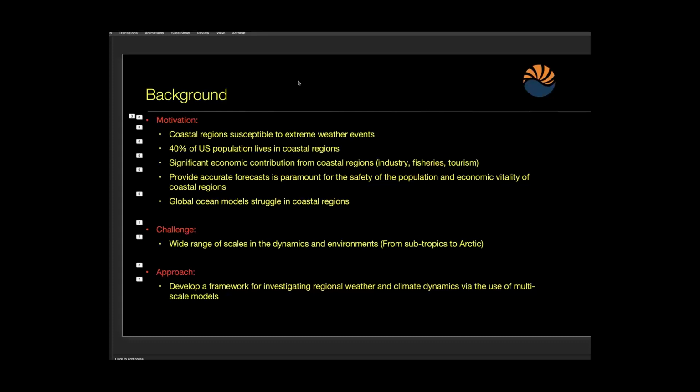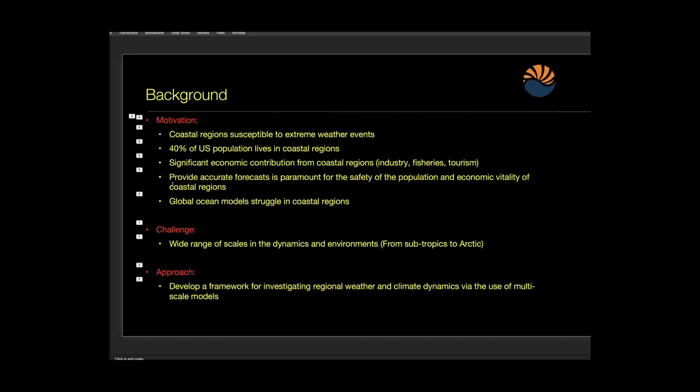So ultimately, providing accurate forecasts is paramount to the safety of the population and the economic vitality of both the coastal regions and the national economy.